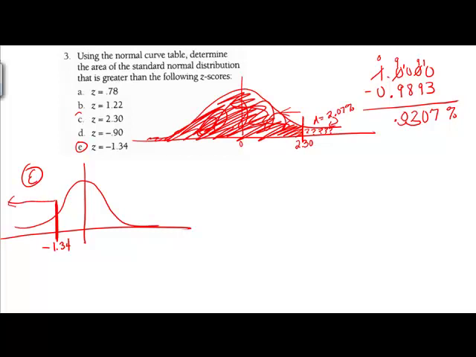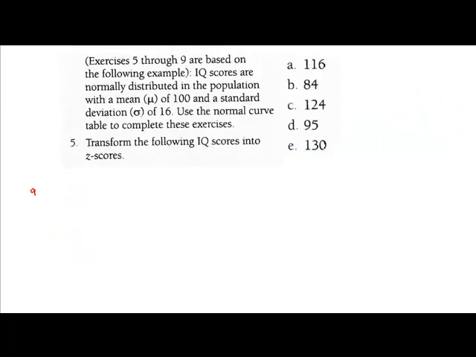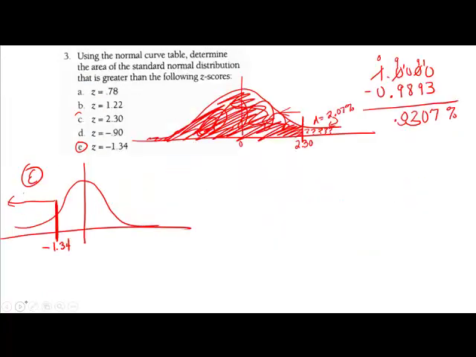So from here on back, I have, let's flip the sheet over, negative 1.34. Looking on my table, that's 0.0901. So how much is actually over here?